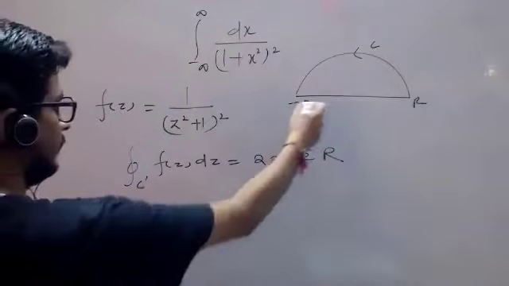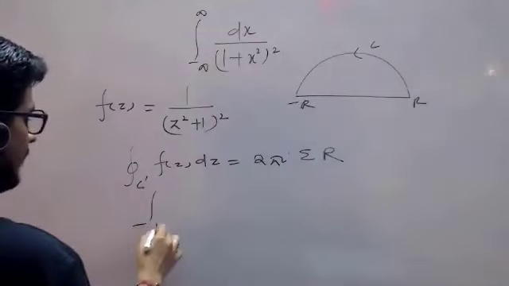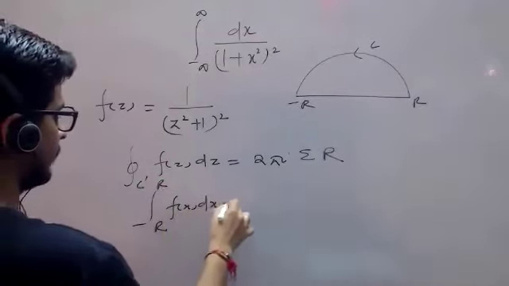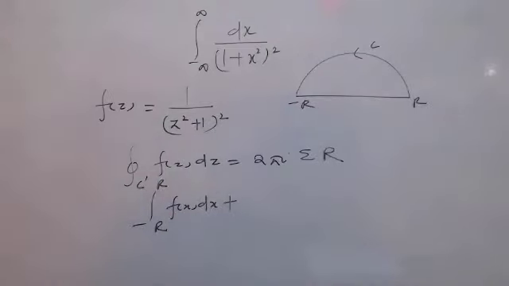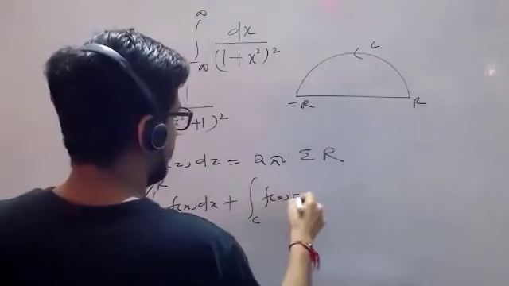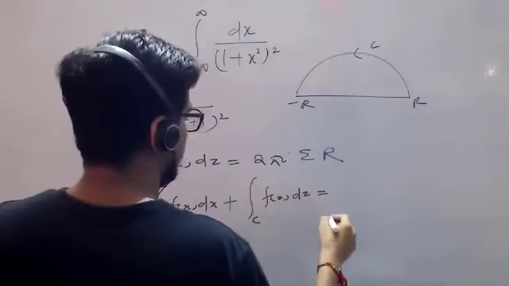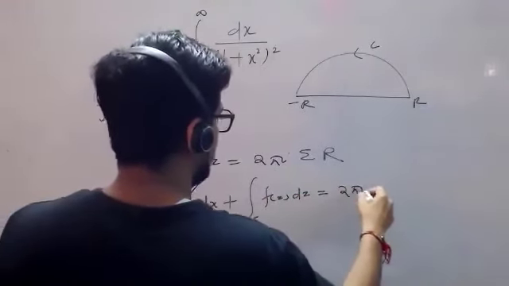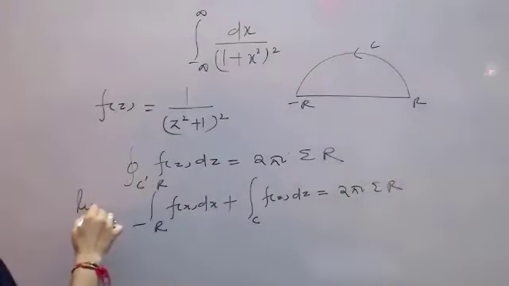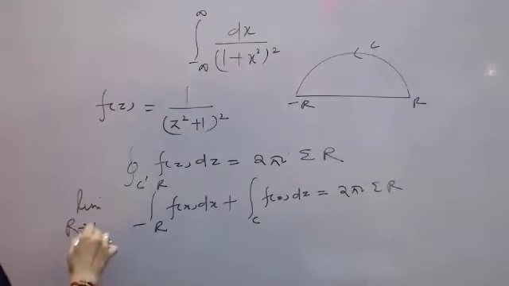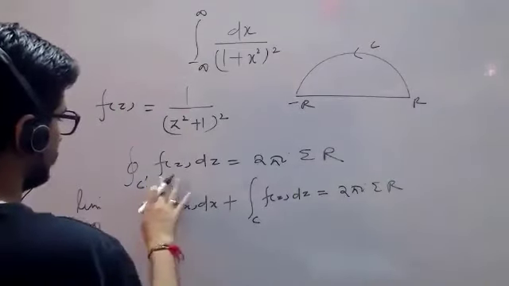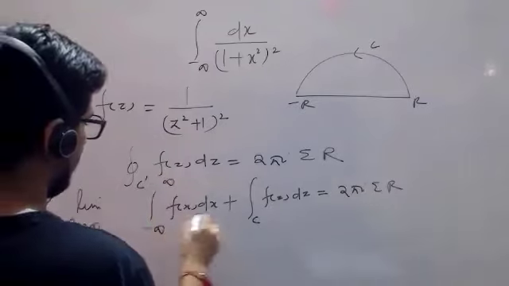Now what we do is we break it like this, integral from minus r to r of f x dx plus contour c f z dz, and that is equal to 2 pi I sum of residues. And then I put limit r tending towards infinity.